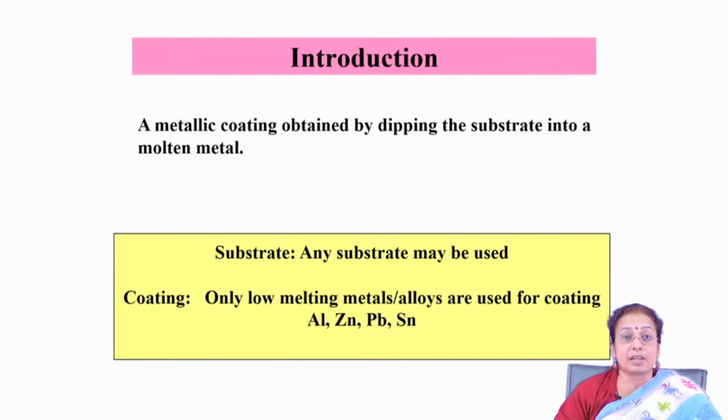Tin may be used for tinning, or tin-based alloys are also used, like terne coating, or sometimes different babbit alloys are also tin based, for reducing the coefficient of friction. Depending on the metal or alloys you are using for coating application, there are different names.